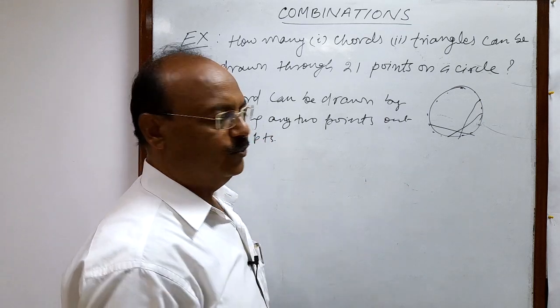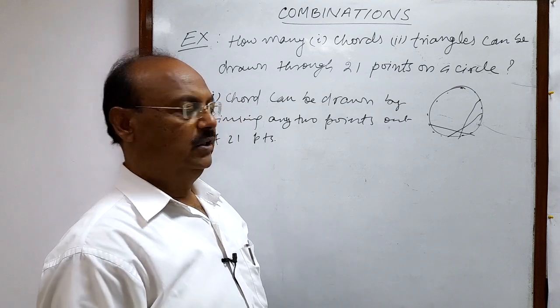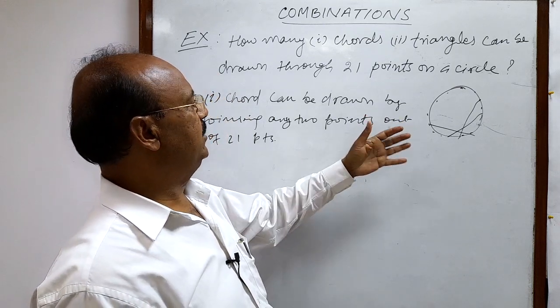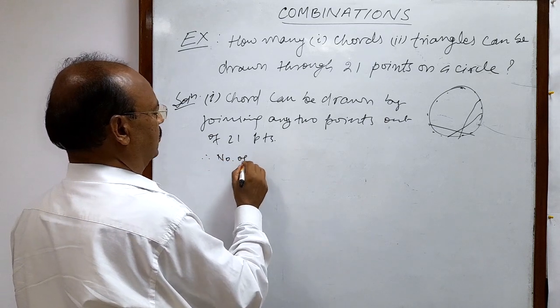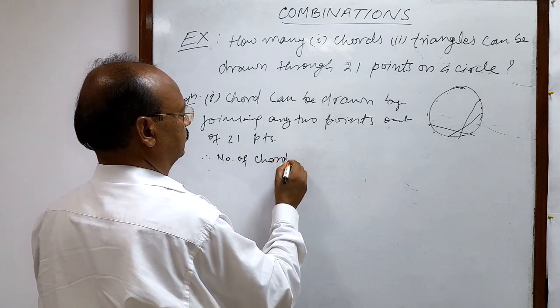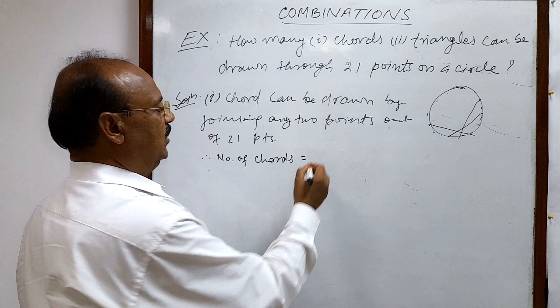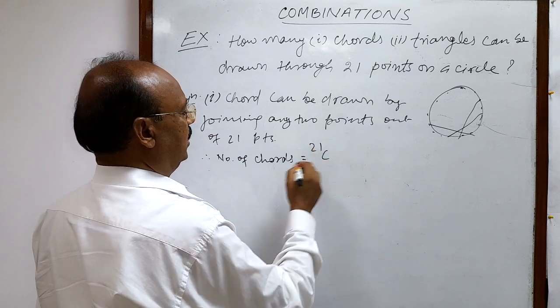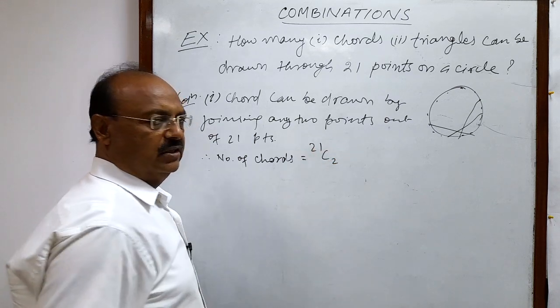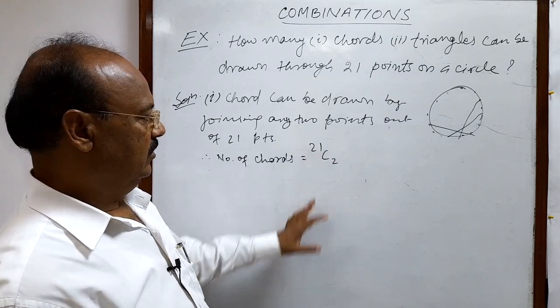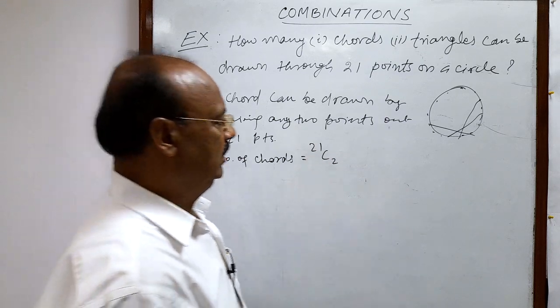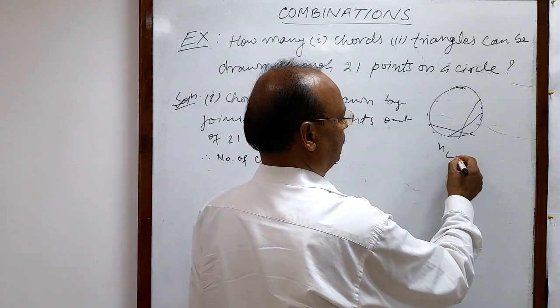We can join any 2 points to get a chord. So what are the different possibilities? Therefore the number of chords will be, total number is 21 points and we have to take any 2 points, so 21C2.